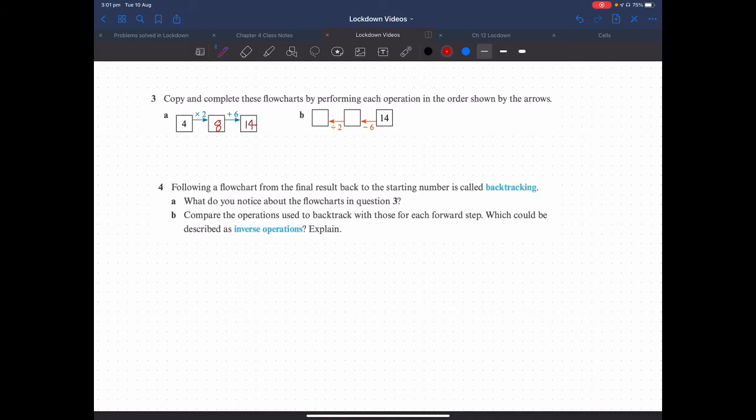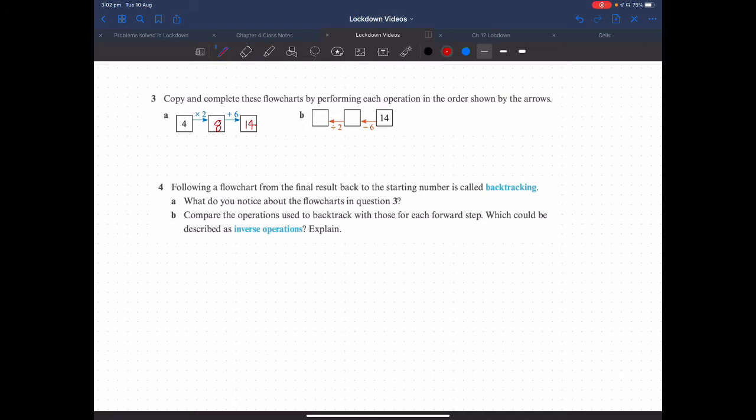In part B, we're given the 14 on the right-hand side, and the arrows are pointing towards the left. So we're starting at 14, and we're going back to the middle square. So to go back to the middle square, the arrow says minus 6.